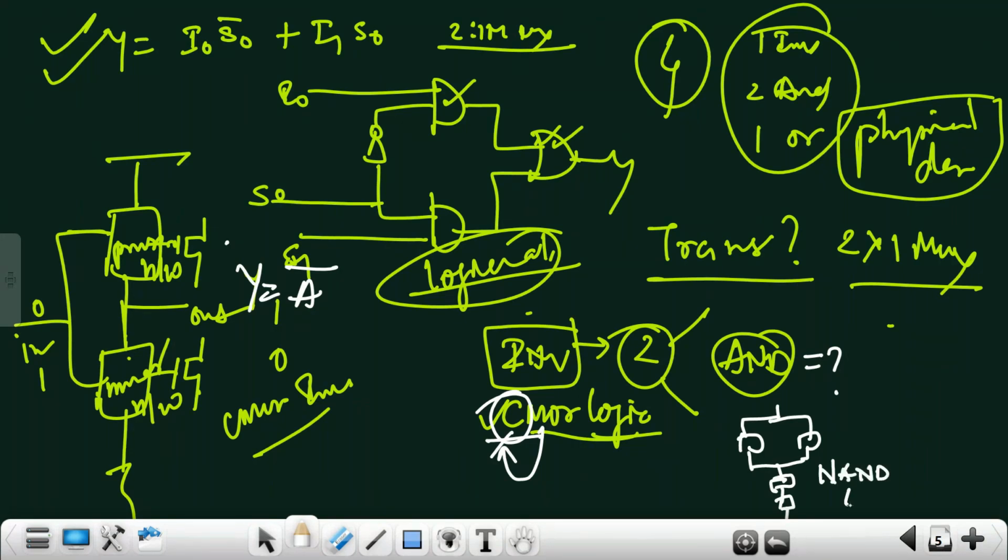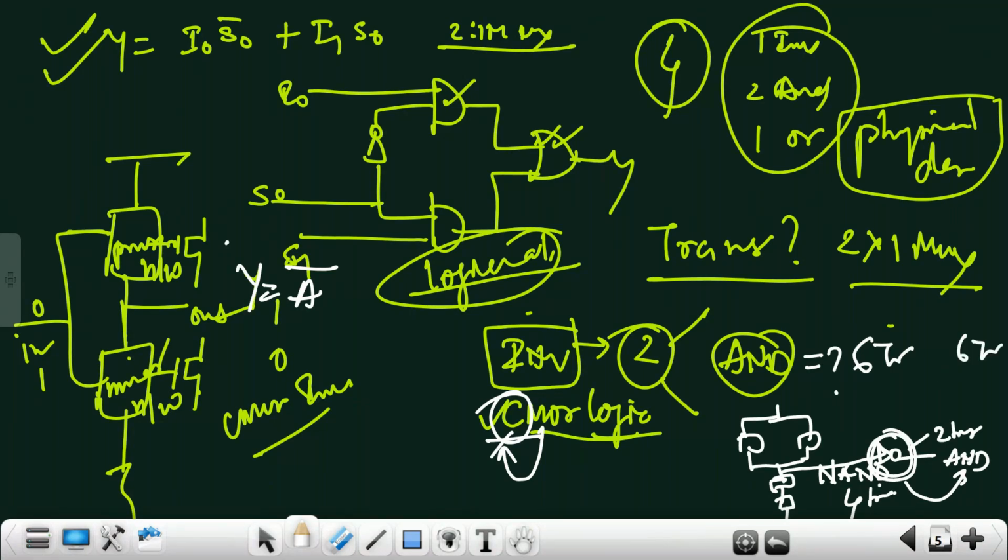We need to complement it. Complement of NAND is AND. Now you have to add one more inverter. Inverter has 2 more transistors. So total 6 transistors. Similarly for OR also we have 6 transistors.